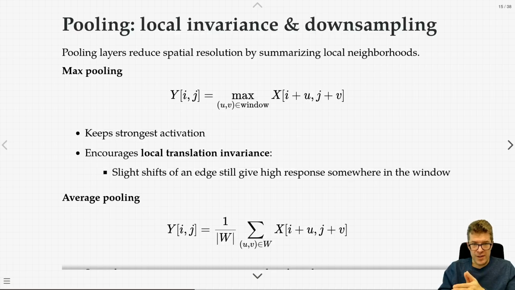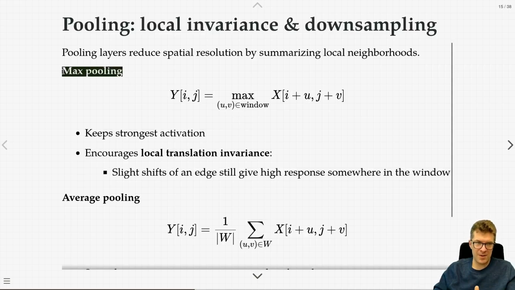This will encourage local translation invariance, so small shifts of an edge will still give you a high response, regardless of whether that high edge is in the upper quadrant or the lower quadrant. It doesn't matter. Taking these maxes is extremely common, I think partially because of precedent. Lots of other people use max pooling, so we're going to use max pooling too. More importantly, it tends to give you good results empirically, but it doesn't necessarily guarantee that you'll always get better results, so as I keep trying to emphasize, it's always good to do the experiments yourself.